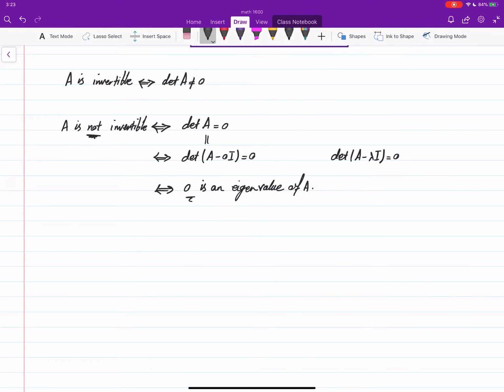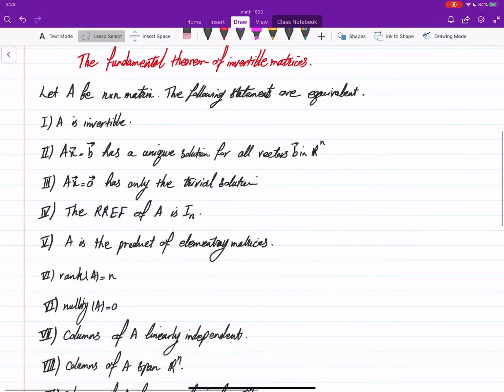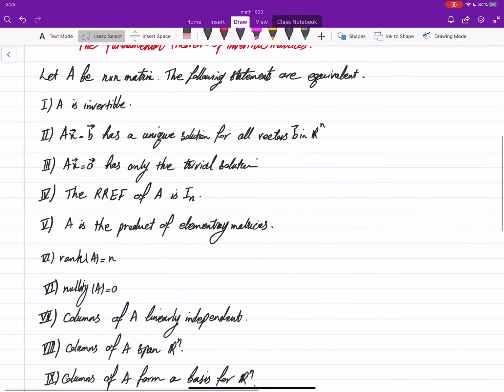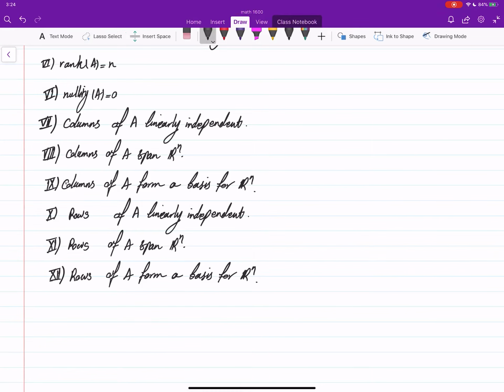Well, this gives us another chance to update our fundamental theorem of invertible matrices. Remember, before we had these conditions that were all discussed in some videos. Now I will add 2 more to this.